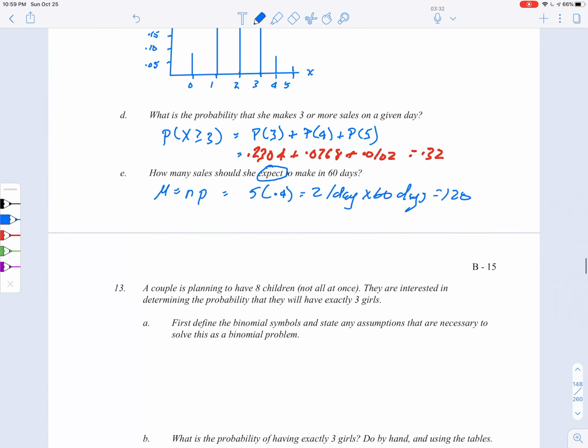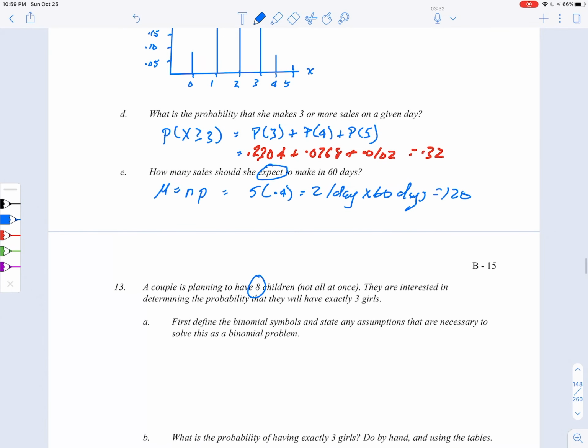All right, I'm going to leave you with this problem, and we're going to take this up in class. A couple is planning to have 8 children. That's going to be your n, not all at once. They're interested in determining the probability that they have exactly 3 girls. Define the binomial symbols here and state any assumptions that are necessary.